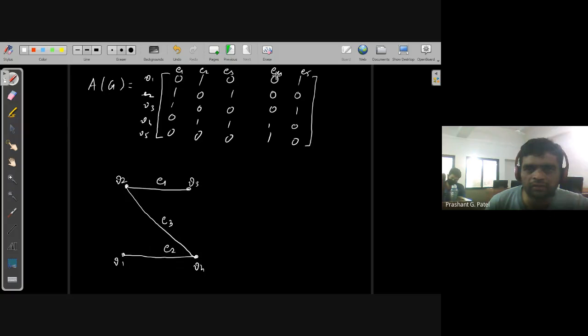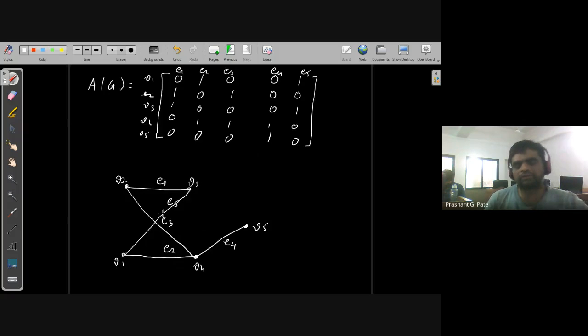E4 connects V4 and V5. V5 is not here, so we need to draw it again. So this is E4. E5 connects V1 and V3, so V1 and V3 are connected like this. This is E5.